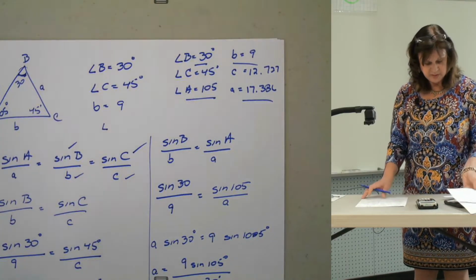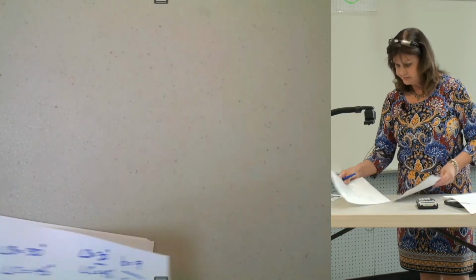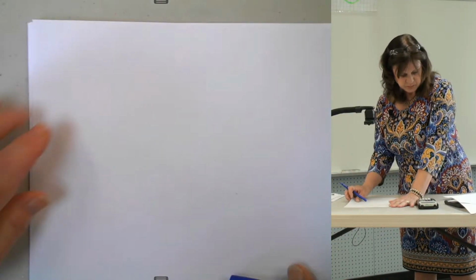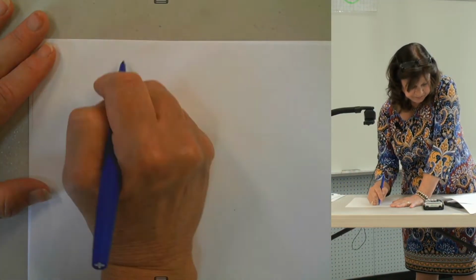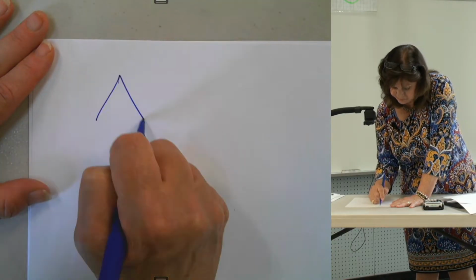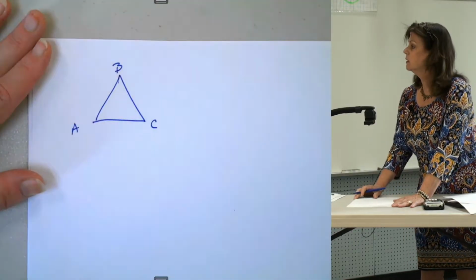Okay, let's look at another problem. Again, I'll provide you the data here. We've got a triangle, triangle ABC.